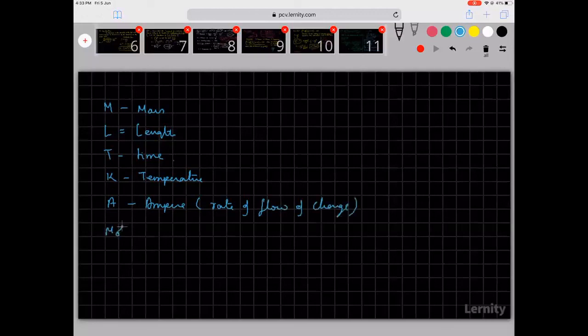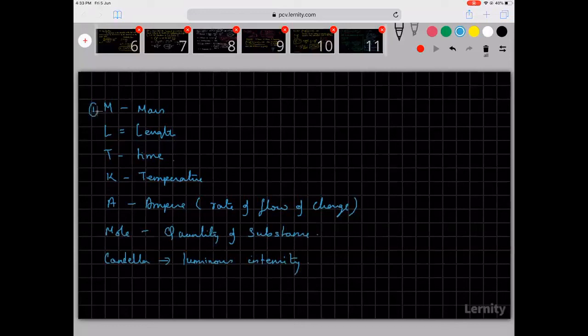Then I have mole, that is the quantity of substance. Then I have candela, that is the luminous intensity.